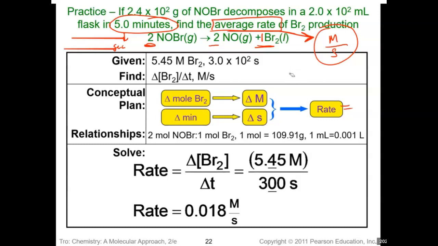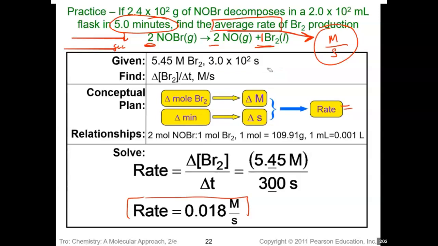Some people might have gone to NOBr and then converted it to Br2, your answer would have been negative one half your concentration, and you would have ended up with the exact same rate. So we do that, and we get 5.54. Okay.